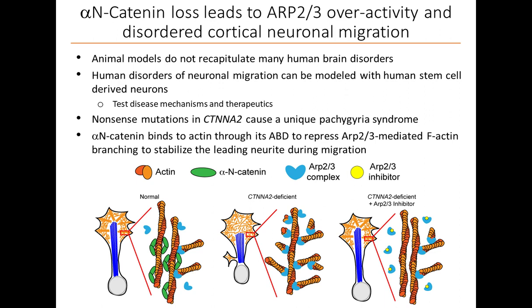Therefore, in our model, we predict that alpha-N-Catenin normally binds to and bundles F-actin, which controls ARP2/3 branching and the conformation of actin during neuronal migration. When alpha-Catenin is deleted, we have excessive ARP2/3 binding and actin branching occurring.